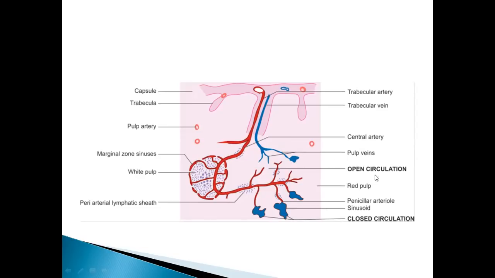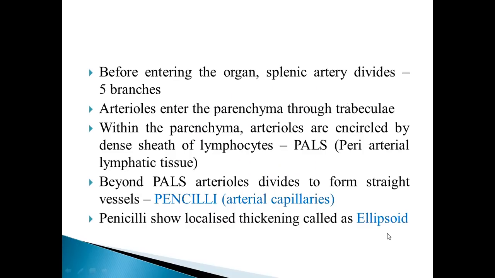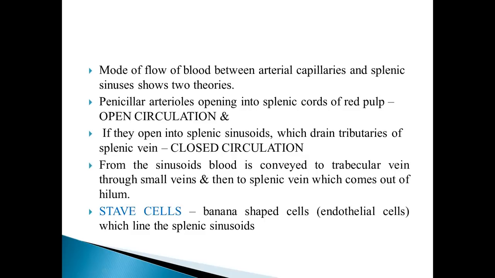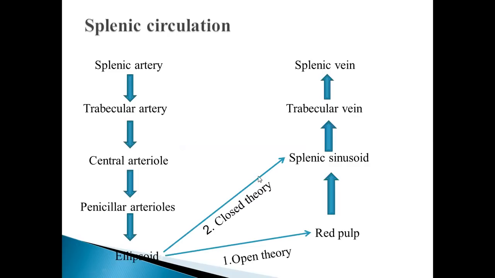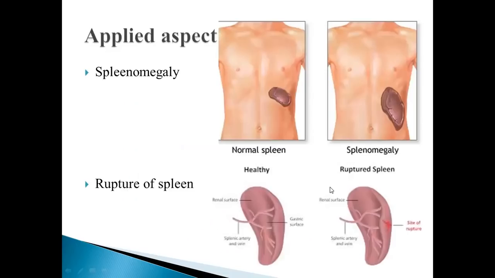So these are two different theories, open circulation and closed circulation. Same thing on the slide. In the closed circulation theory, it will directly go into sinuses. In the open theory, from the ellipsoid, it will pour into the red pulp and then go to sinuses.